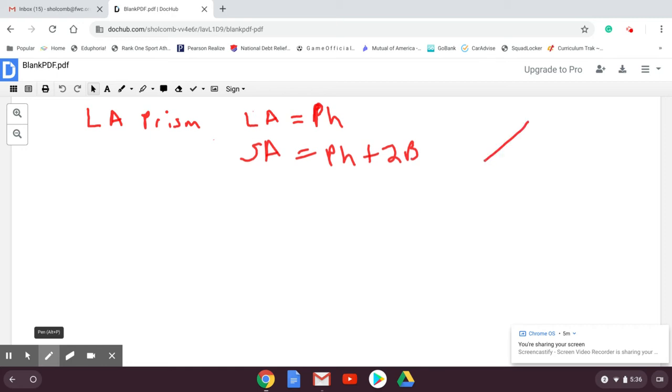Problem 2, we've got a triangular prism. So there's the top of it. Here's one side. Here's the back side of it that we can't see. And then there and there. So now you can see our triangular prism.